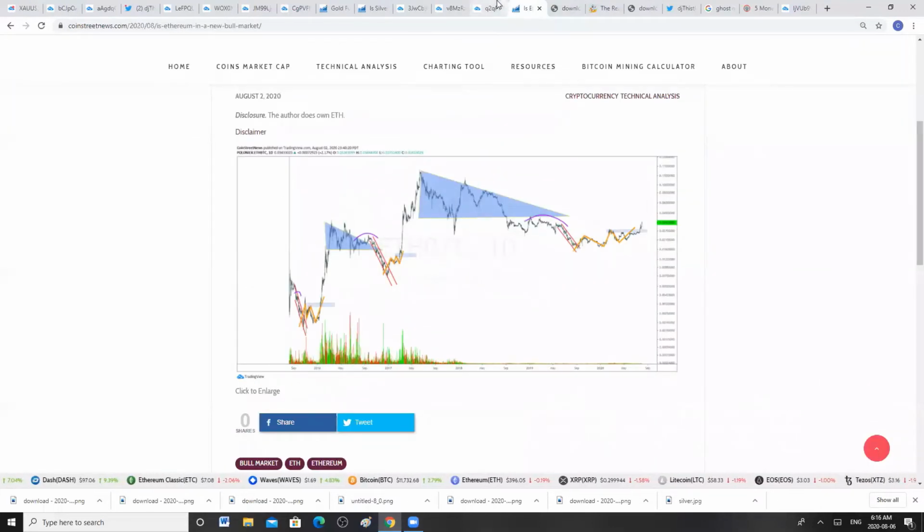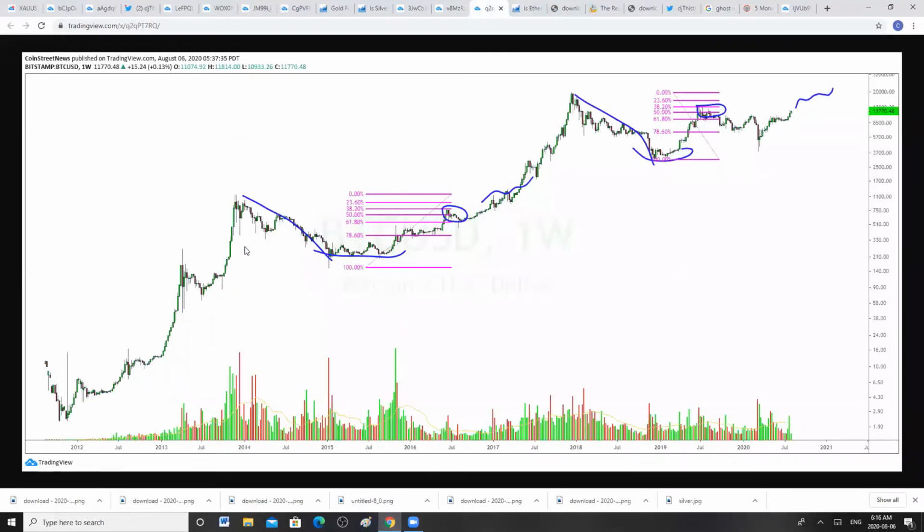So something that's happened in the past is a lot of the time people use this word alt season. It just means a time of year when all the altcoins like Ethereum, and especially the small caps, the penny stocks of crypto, just go crazy. And that's where money can be made.